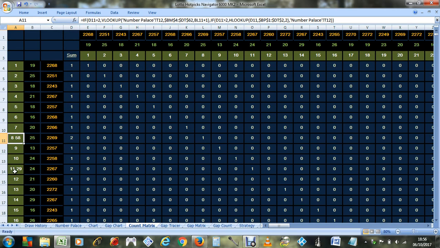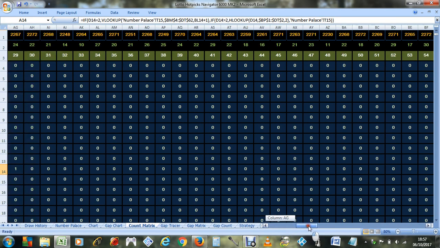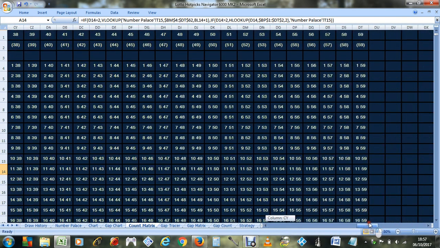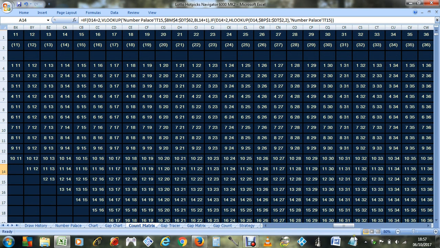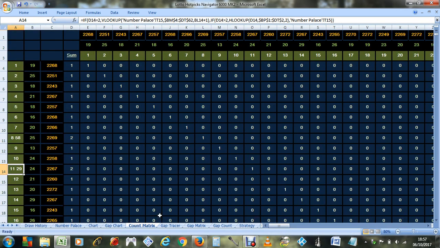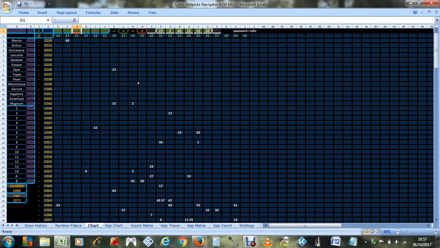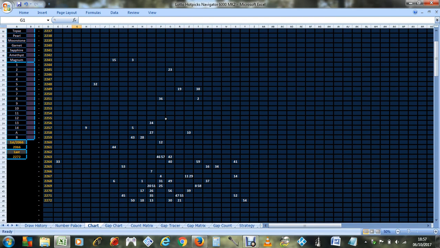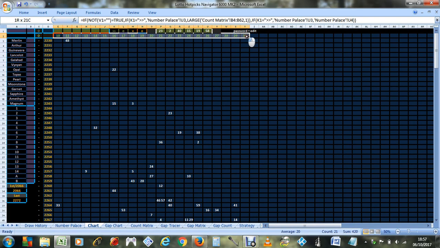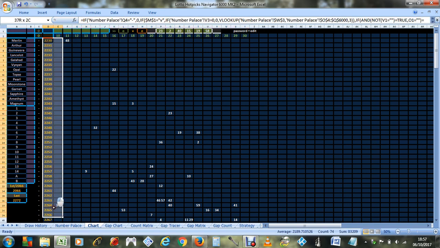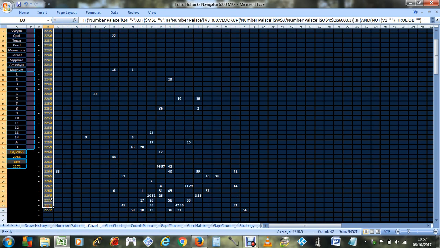To fill in the chart, we have an array of possible contents for each square on the chart, and then we put it all into a chart that ends up looking like this. On the x-axis we have the number of occurrences, and on the y-axis we have how long since it last occurred.